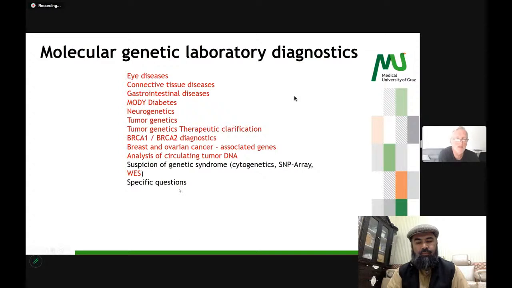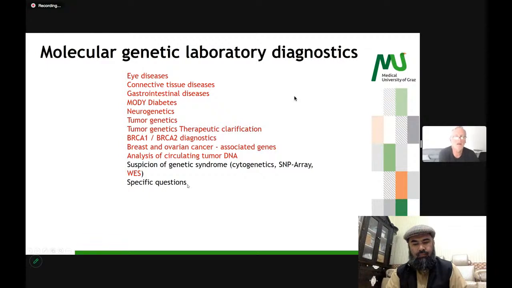Moreover, we have very specific familial situations, where, for example, familial mutations are known and have to be tested in additional family members, which are usually covered by Sanger sequencing. That's why I didn't color this specific question in red either.